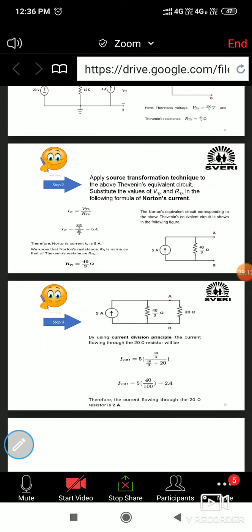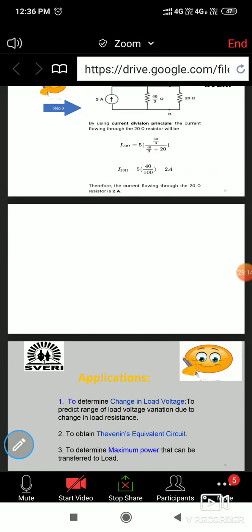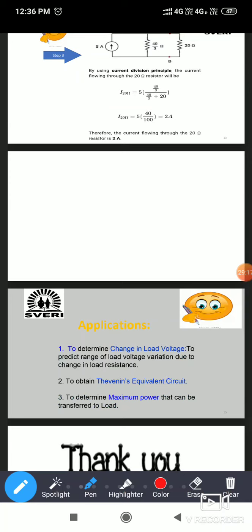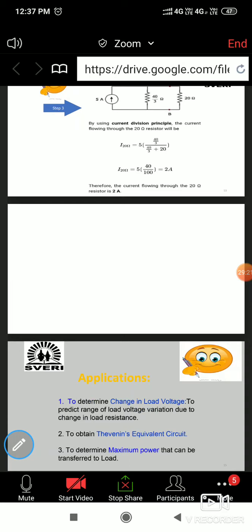Okay. Now here we can apply method 1. So now I will tell method 1. I will draw that circuit once again. One minute.